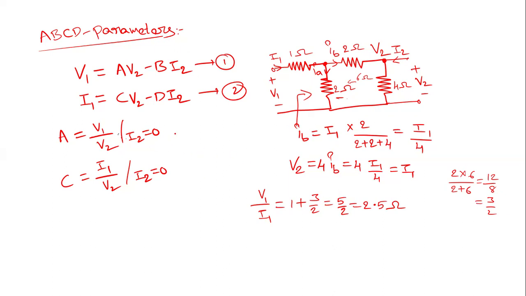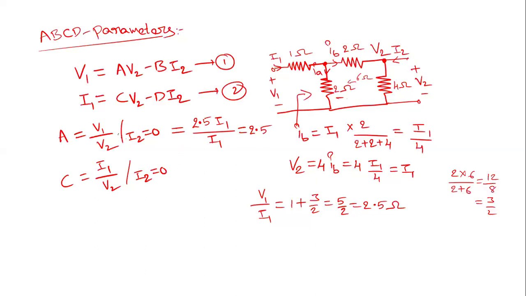So what is A? A is simply V1 by V2 with the condition I2 equal to 0. V1 in terms of I1 is 2.5 I1, and V2 in terms of I1 is equal to I1. So A is 2.5. And C is I1 by V2.